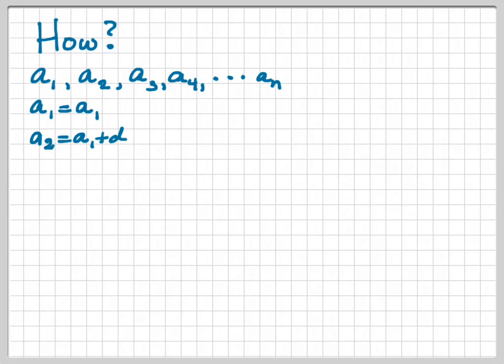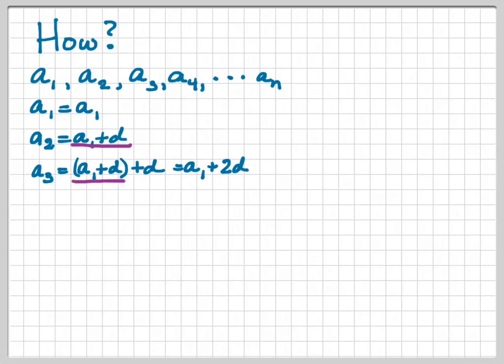That's how you're getting your consecutive terms. The third term would be whatever the second term is, a sub 1 plus d, and I add d to it to get the next one. So that would be a sub 1 plus 2d.